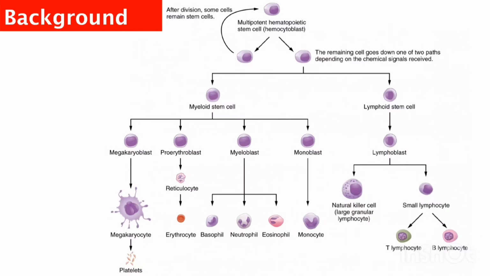So I started telling you guys that in blood cells you have a stem cell, and this stem cell can renew itself, or it can differentiate into two lineages. And these lineages are either myeloid or lymphoid.